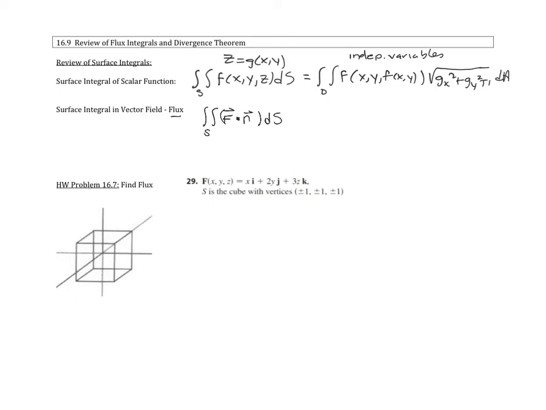But the shortcut we found, depending on if we chose n in the appropriate way, where we have the surface and we write it as z as a function of x and y, and then we get everything on one side, and we call this function capital G of x, y, and z, then the shortcut is going to be if we take F and dot it with the gradient of capital G dA.